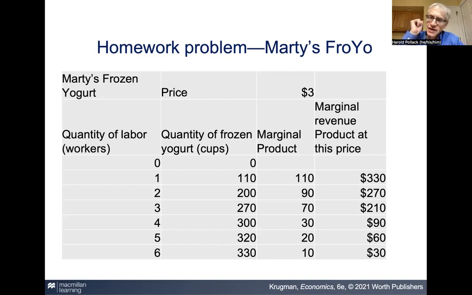And let me say that again. The employer compares the marginal revenue product of hiring another worker with how much the wage cost would be of hiring that worker. And you keep hiring more workers until the marginal revenue product dips below how much you'd have to pay that worker to have that last worker involved in your production.